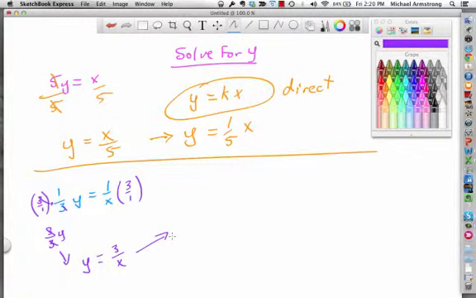And this matches the form when we take our number and we change it for the k. y equals k over x. This is the inverse variation. Sorry, not indirect, the inverse variation. Let me make sure we don't get confused there.